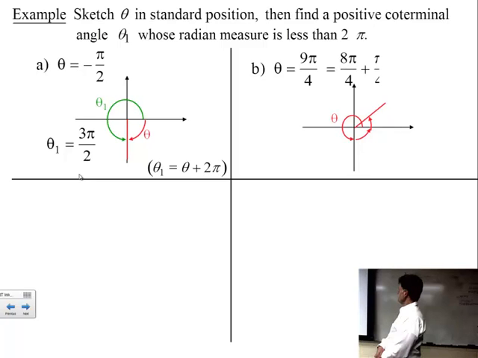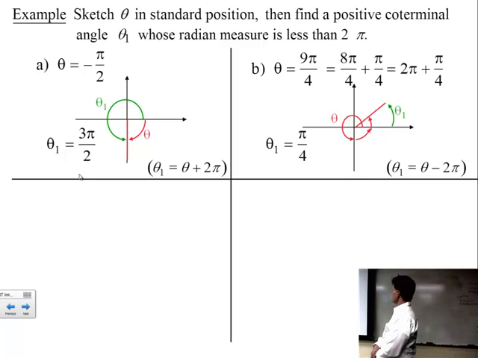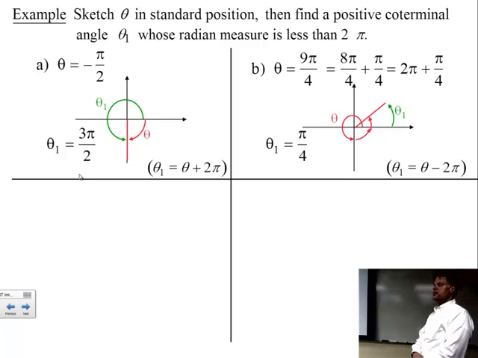Pi over 4. Now, the coterminal angle is the original angle minus 2 pi. This will always be true. Coterminal angles differ by some integer multiple of 2 pi. So to get any coterminal angle, you add or subtract some integer times 2 pi.